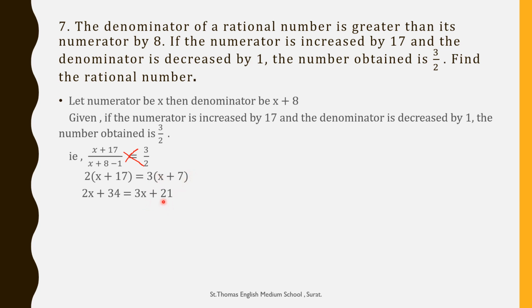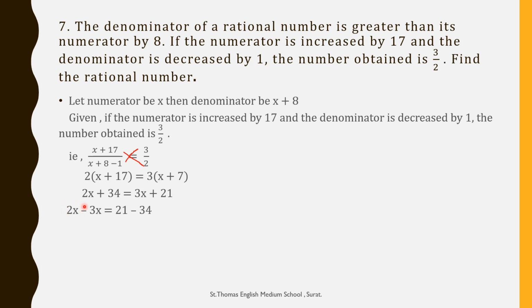It's clear? Now take all variable one side and constant term another side. This is plus 3x. If it comes here, become minus 3x. Plus 34 goes here, become minus 34. So that is 2x minus 3x is equal to 21 minus 34.